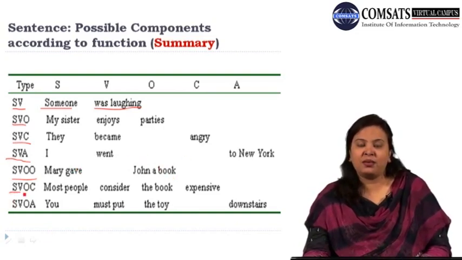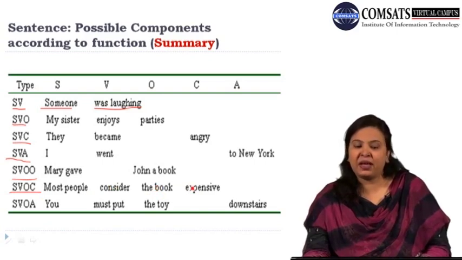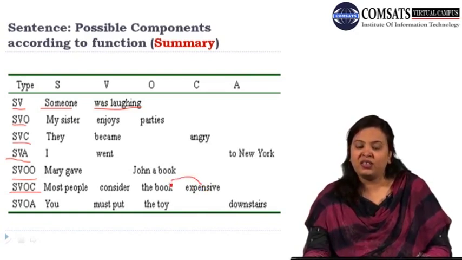Another possibility is subject, verb, object and complement. Most people consider the book expensive. Most people, subject, consider, verb, the book, object, and what do they consider it? Expensive. So expensive is a complement. What is it complementing? Yes, it is complementing the object: the book is expensive.